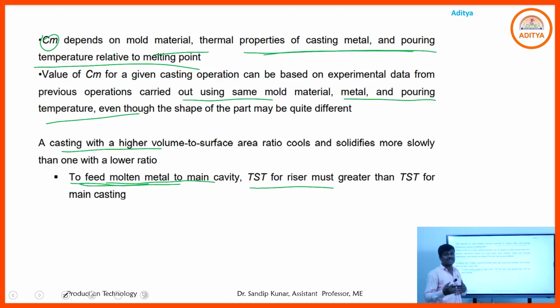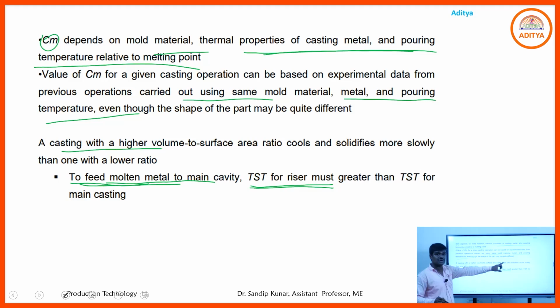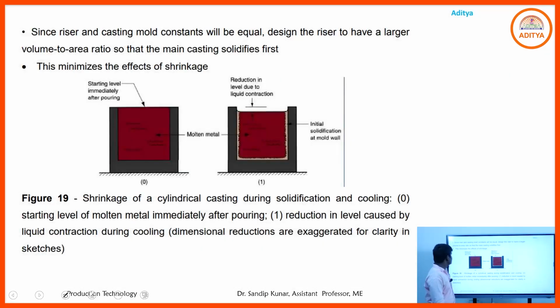Otherwise, if solidification first takes place in the riser, then after shrinkage in the mold cavity the molten metal cannot come to the mold cavity. That's why the total solidification time for the riser must be greater than that for the main casting. So in the case of riser and casting, the mold constant will be equal. Generally the mold constant Cm is the same for casting and riser.